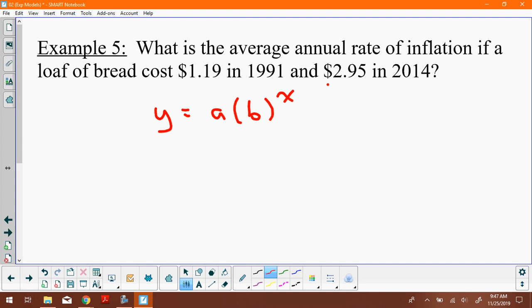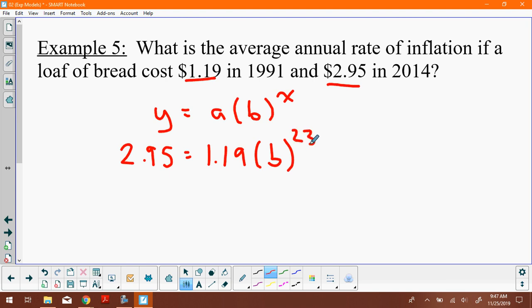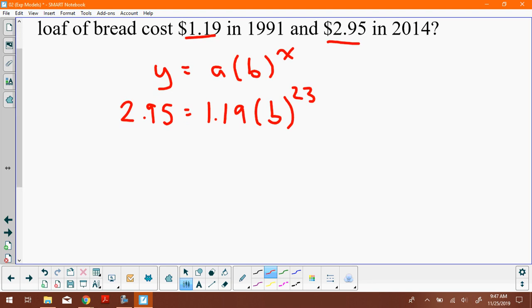I'm going to plug in my loaf of bread. So my final value is $2.95. My initial value was $1.19. And now how many years are there between 1991 and 2014? That's 23 years. So now we're going to solve this for b. So I bring the 1.19 over.